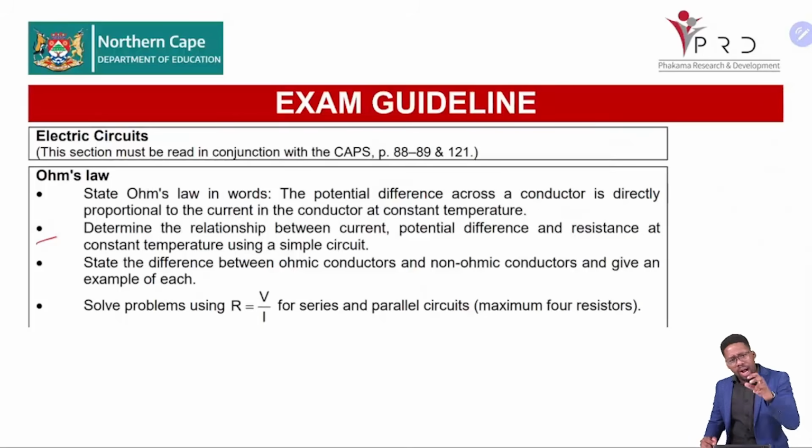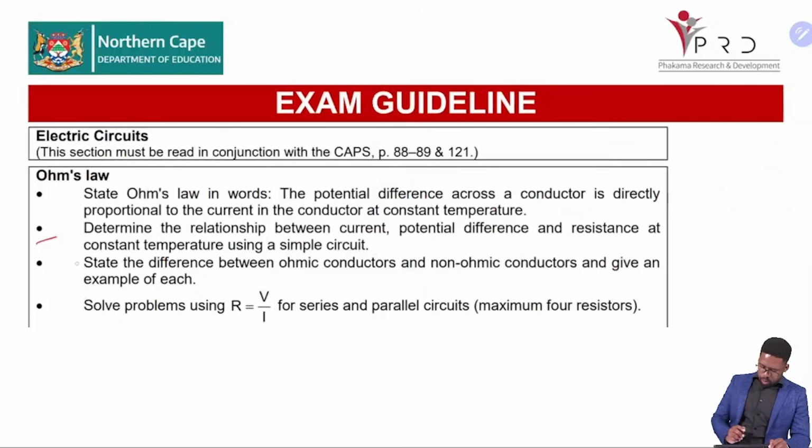So when we talk about Ohm's law, it is the one that explains the relationship between the current, the potential difference, and the resistance. So we should be in a position to demonstrate that relationship in a simple circuit and also with graphs.